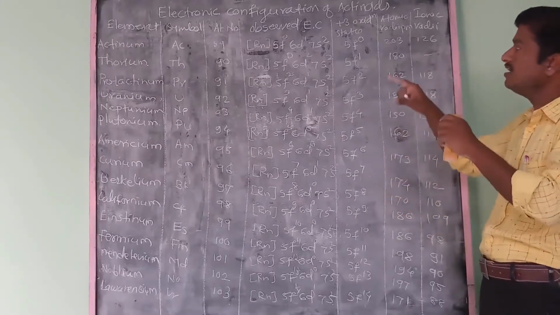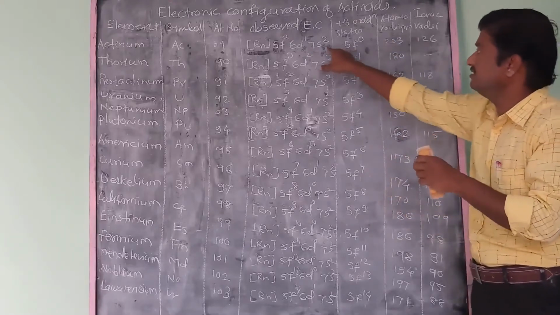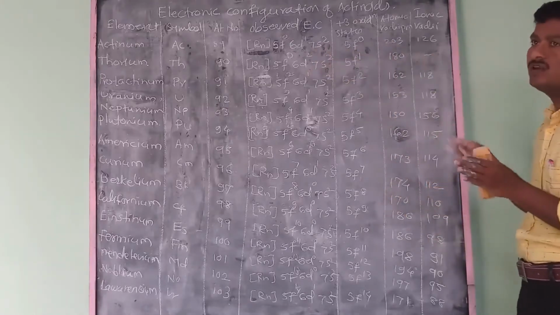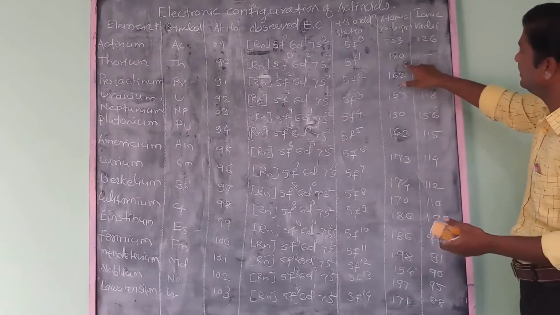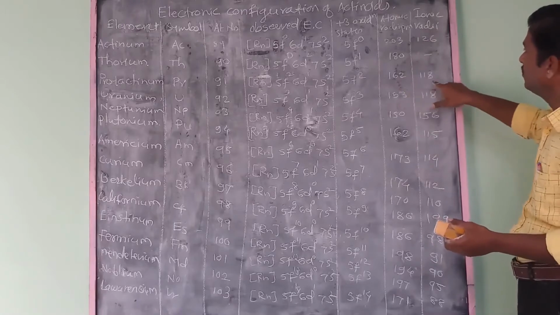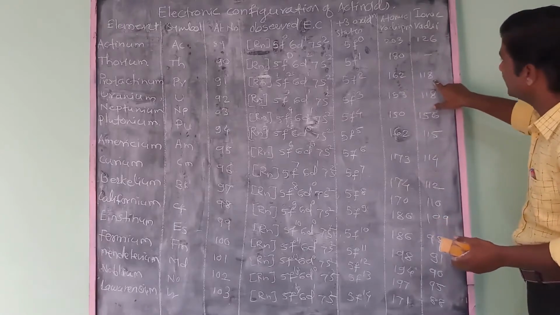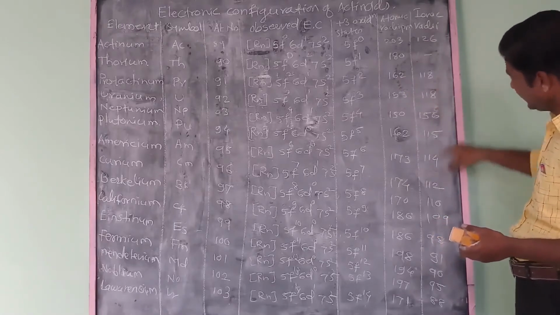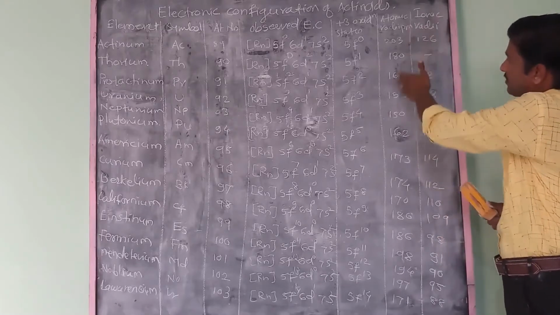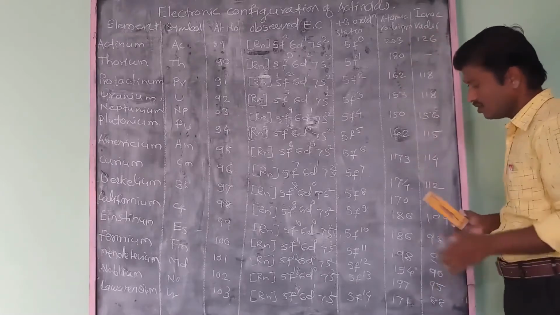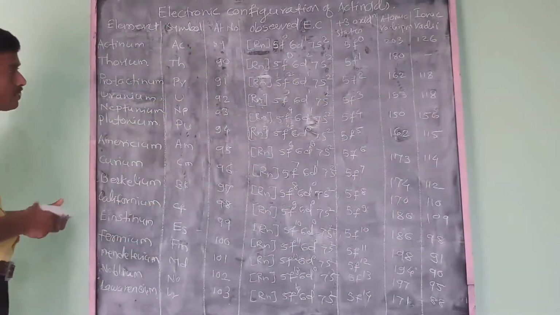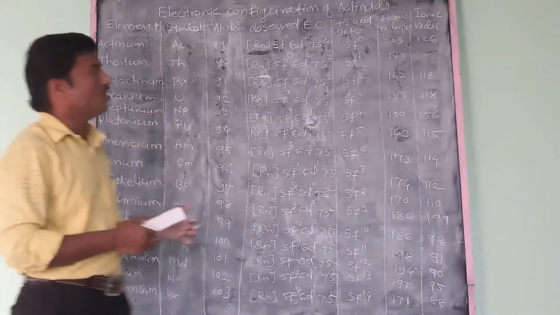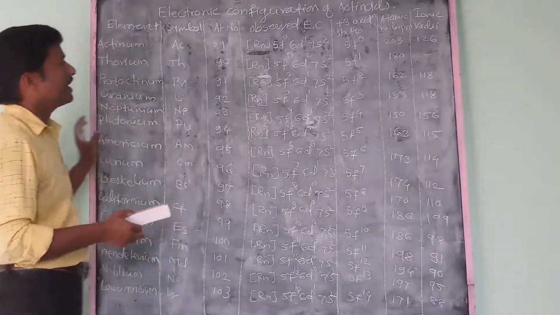As the valence shell is removed, the size goes on decreasing. Similarly, here it will be 180, 162. Protactinium plus 3 ion will be 118. Like this, atomic and ionic radii go on decreasing with atomic number. That is also called actinoid contraction.